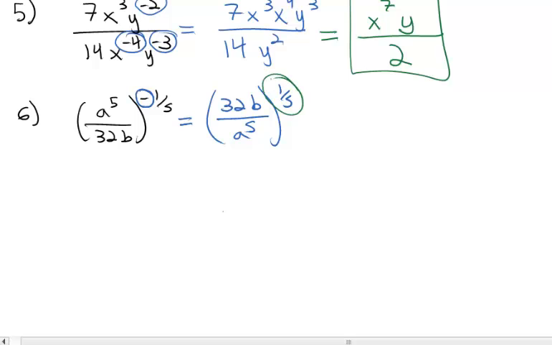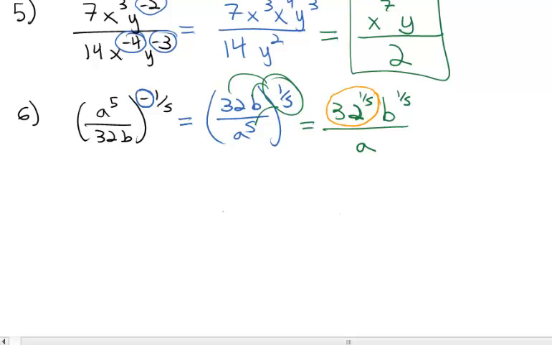Then on a second step, I'll take the 1/5 onto each part, giving us 32 to the 1/5 power, b to the 1/5 power, over a to the 5 times 1/5 is just 1.